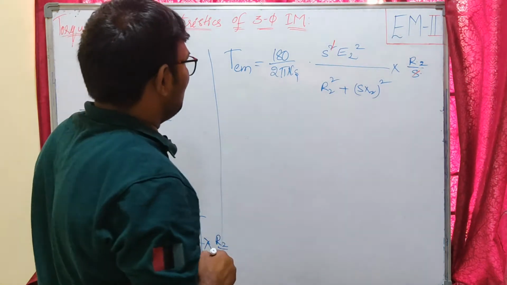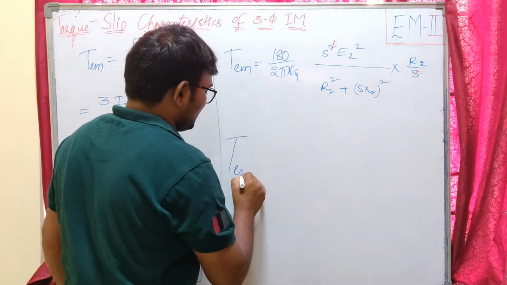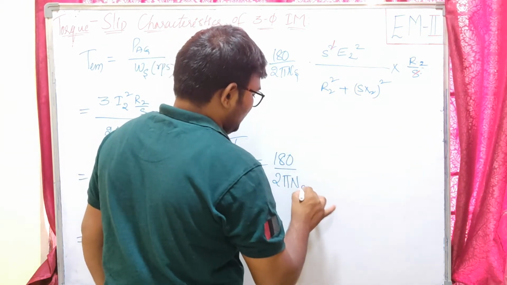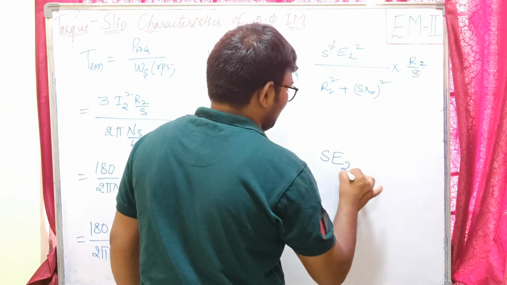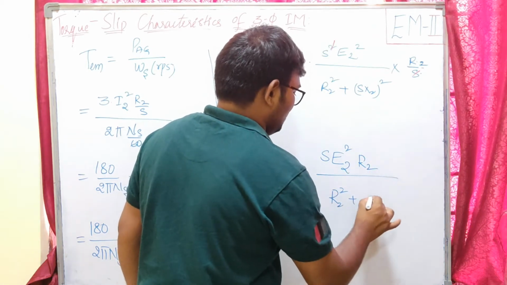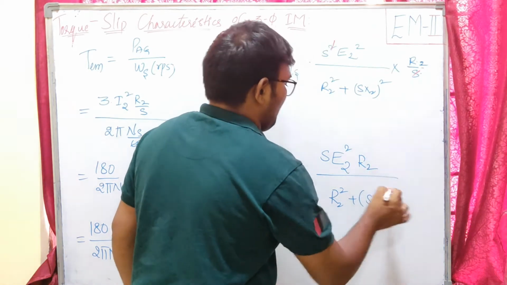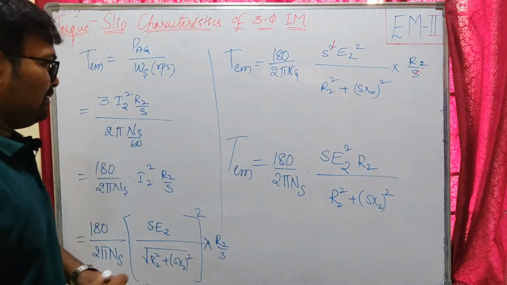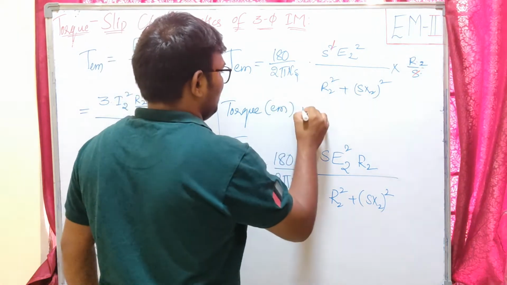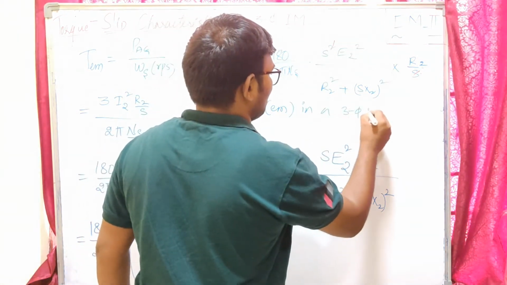I am left with the expression for electromagnetic torque of a 3-phase induction machine equal to 180 by 2 pi ns into S E2 square R2 by R2 square plus SX2 whole square. This is the expression for electromagnetic torque in a 3-phase induction machine.